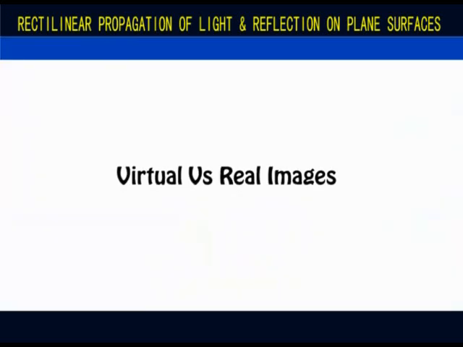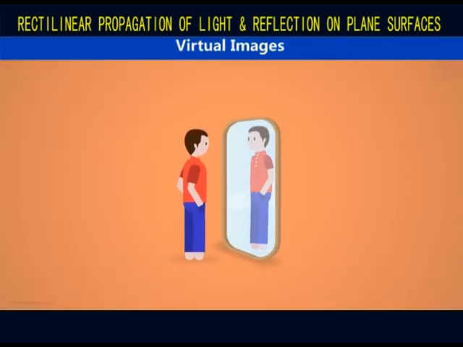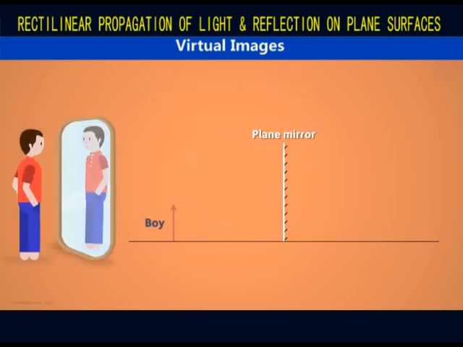Now, let us talk about one more characteristic of images formed on plane mirrors. These kinds of images are called virtual. The opposite of virtual is real. Consider this arrangement simplified like this. When standing in front of the mirror, it seems the image is formed somewhere behind the mirror.